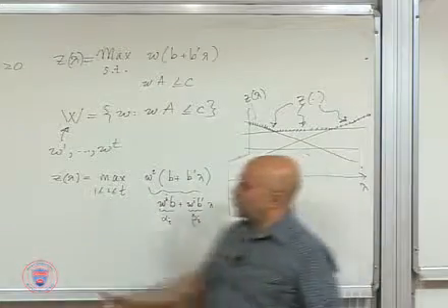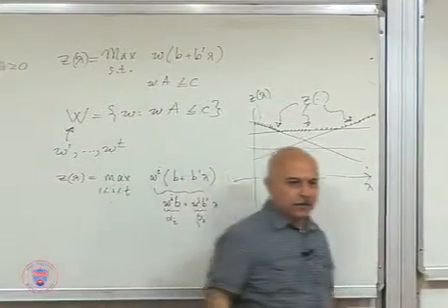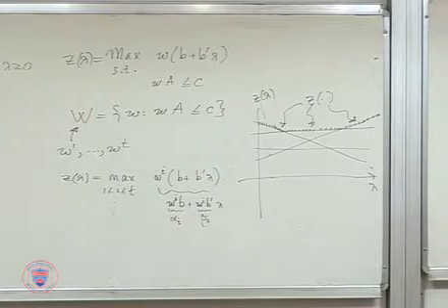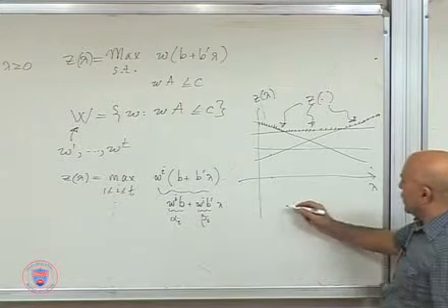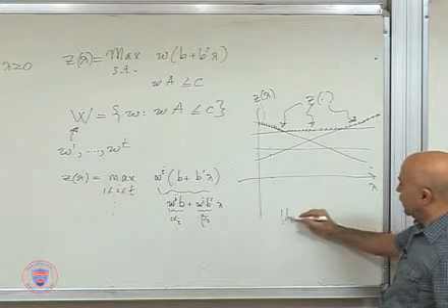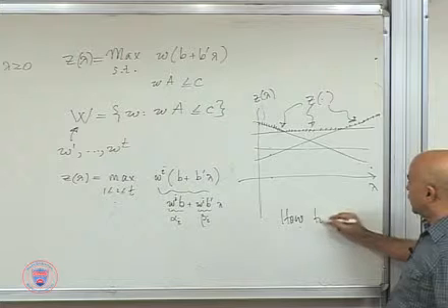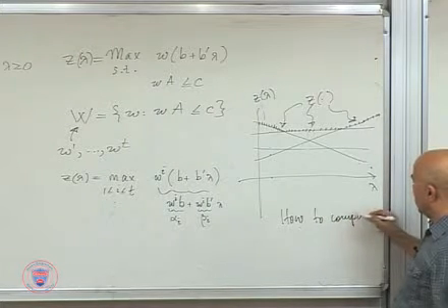That's because the original problem is a minimization. Okay? If it were a maximization, of course, this would flip around and it would become a piecewise linear concave function. Okay? So, all right, so this is the general character. And the next question is how to compute this.